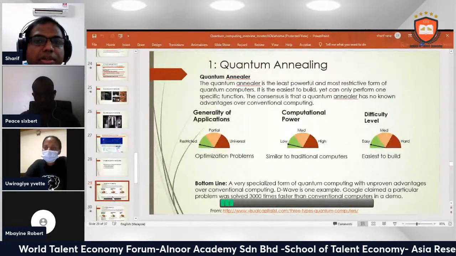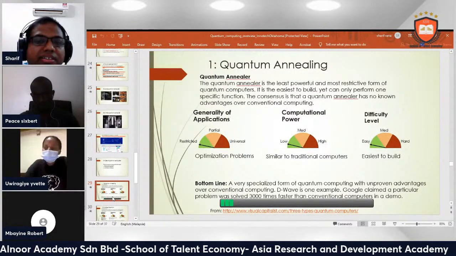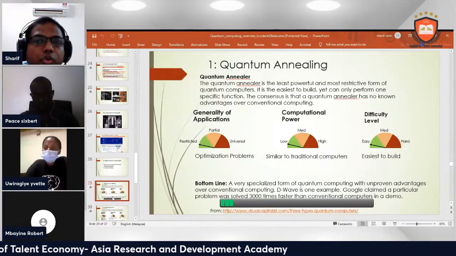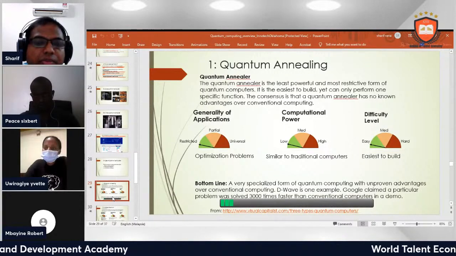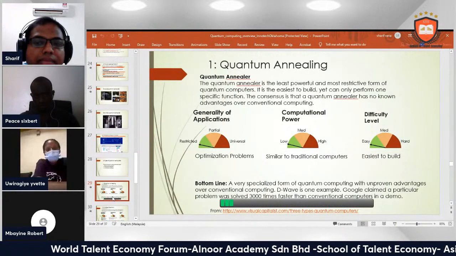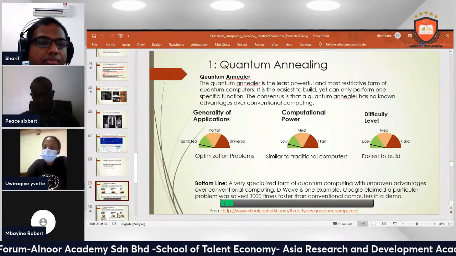It is the easiest to build, yet can only perform one specific function. The consensus is that quantum annealing has no proven advantage over conventional computing. It is a very specialized form of quantum computing with unproven advantage over conventional computing. D-Wave is one example. Google claims a particular problem was solved 300 times faster than on a conventional computer.